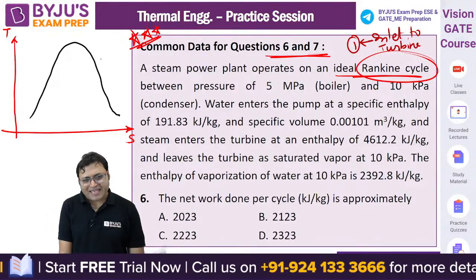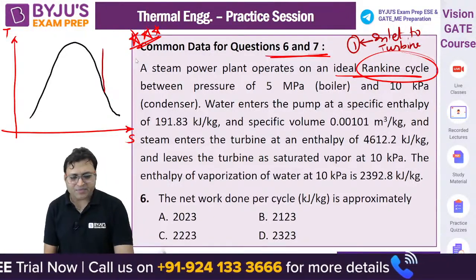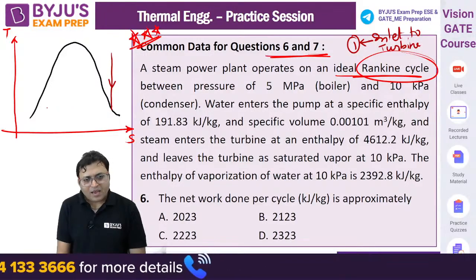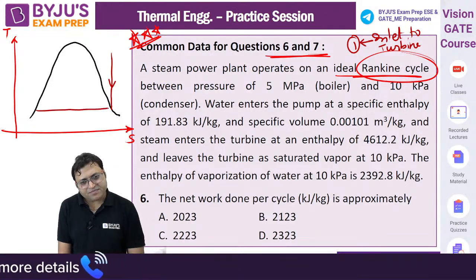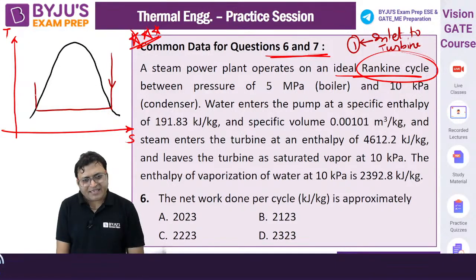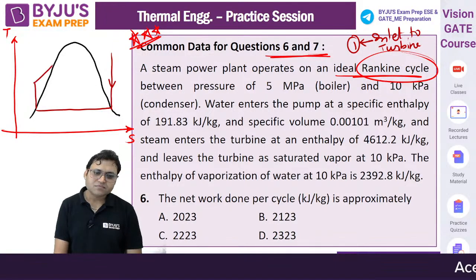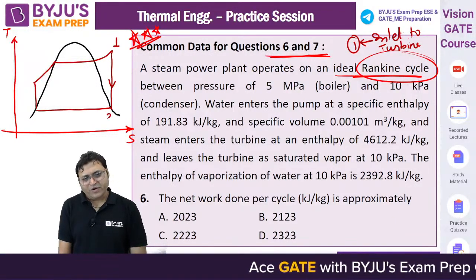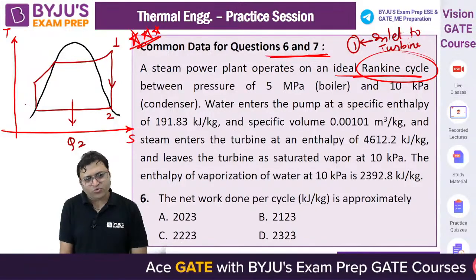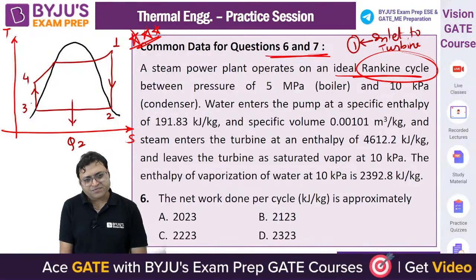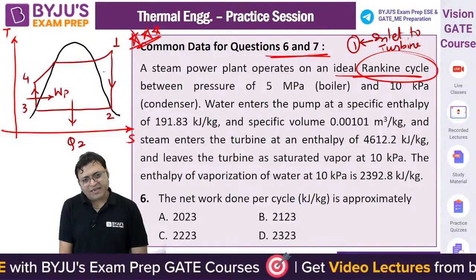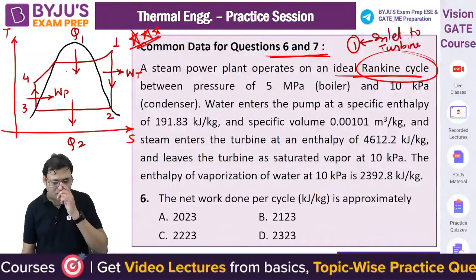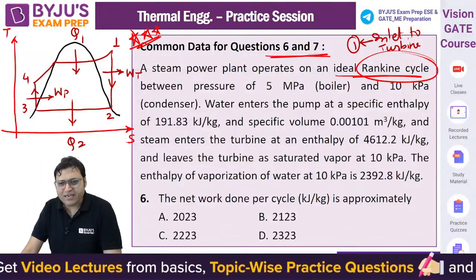So 1 to 2 is isentropic expansion, and then constant pressure heat rejection. Then there is a pump. This is how 1, 2. Then there is a heat rejection Q2. This is 3, this is 4. There is a pump work, there is a turbine work output, and this is Q1. This is the representation of the Rankine cycle on a TS curve.